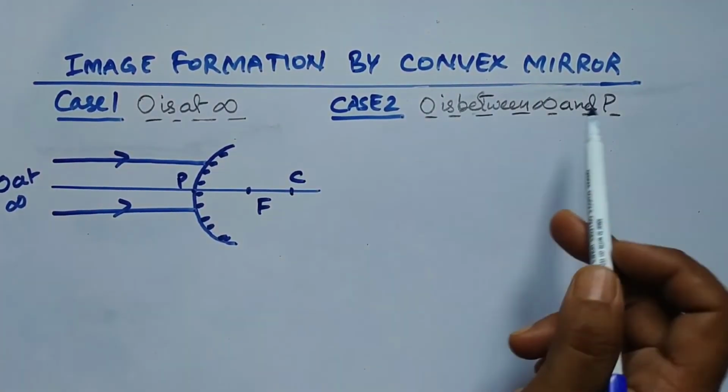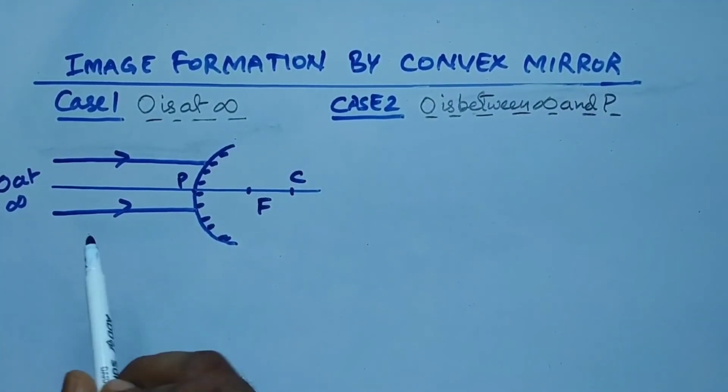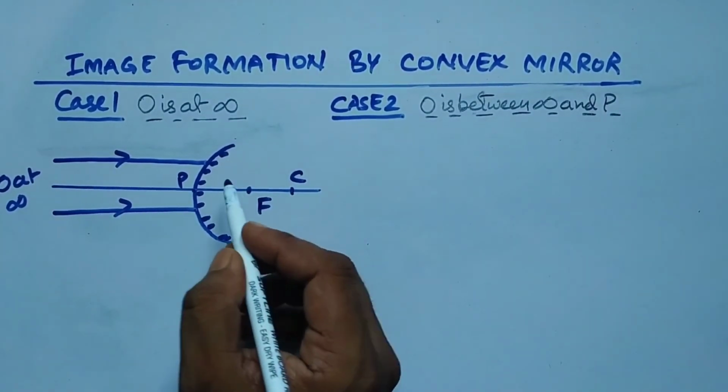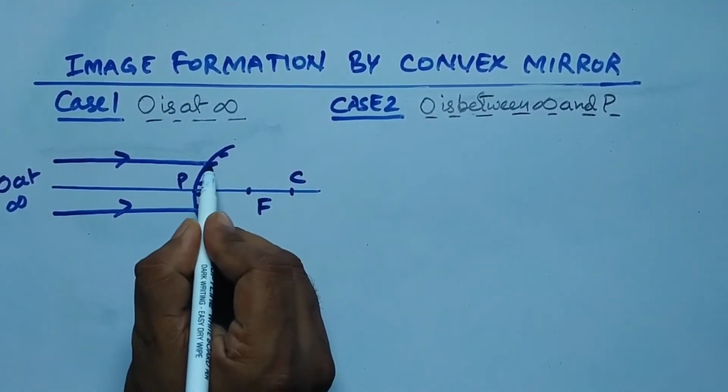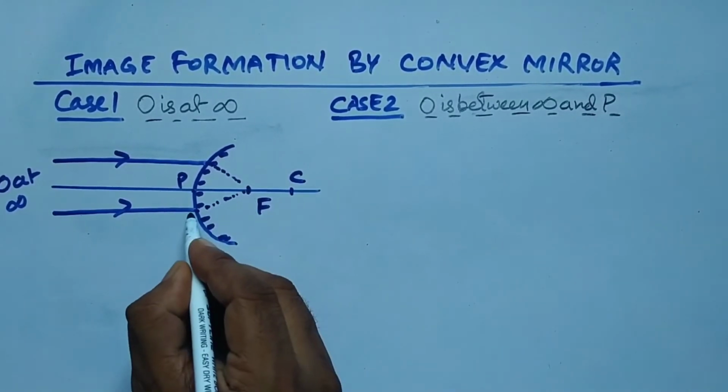Now for the convex mirror, we are having only two cases. One is when the object is at infinity, parallel rays will strike the convex mirror and they will diverge in such a way that they will appear as if they are passing through the focus.